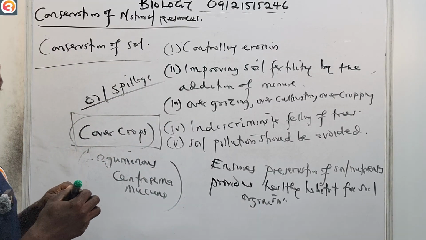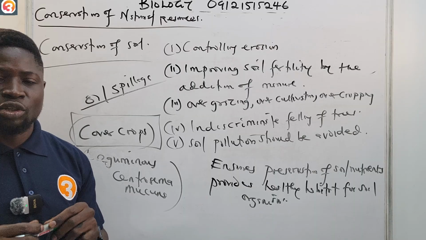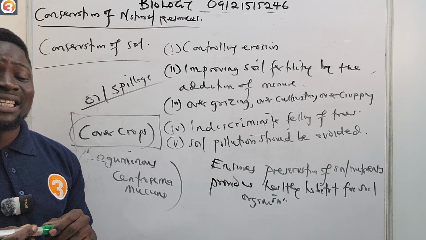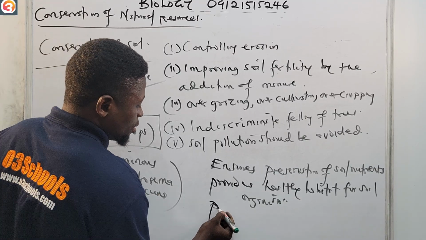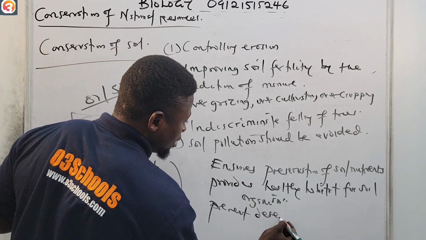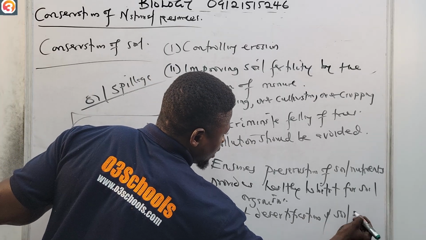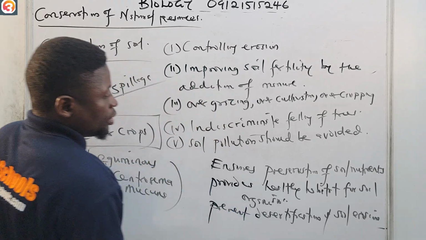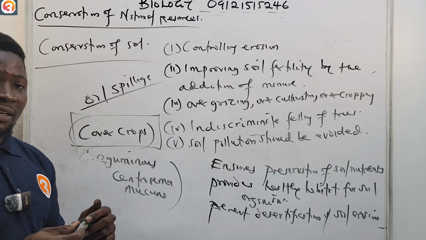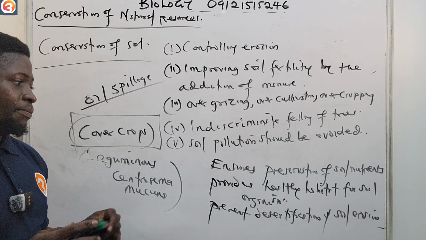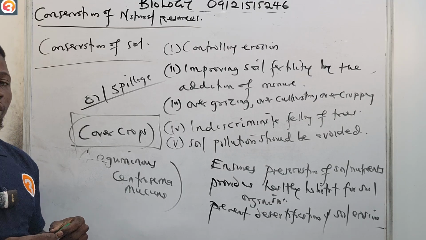Okay, so conservation of soil also provides healthy habitats for soil organisms, and also prevents desertification and soil erosion. So these are all benefits of conserving the soil: ensure preservation of soil nutrients, provides healthy habitat for soil organisms, and prevent desertification and soil erosion.